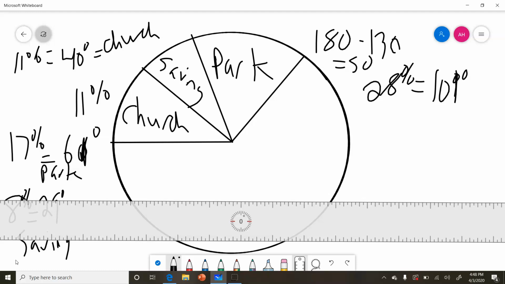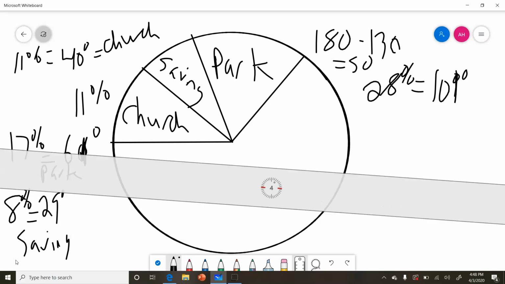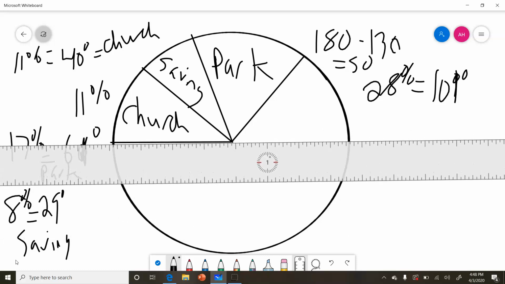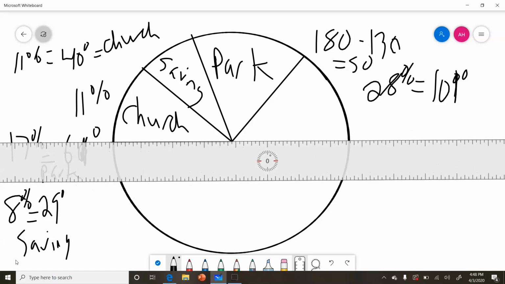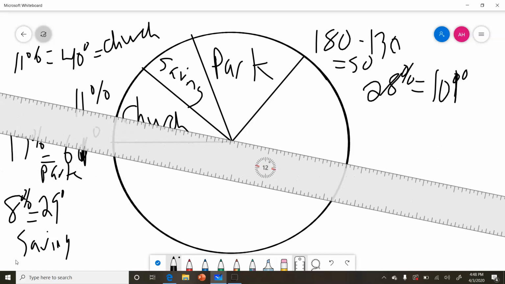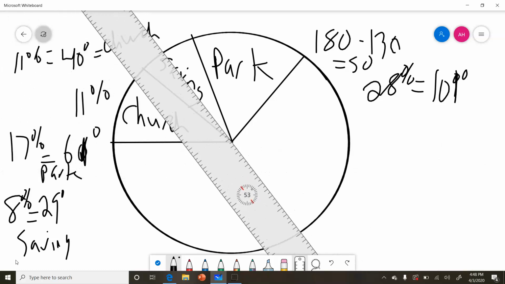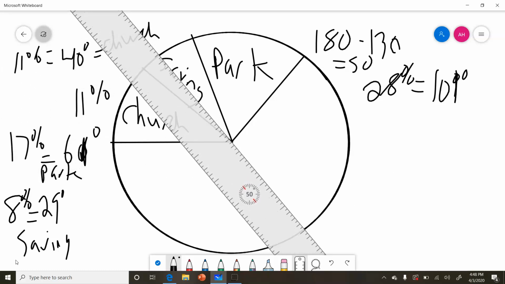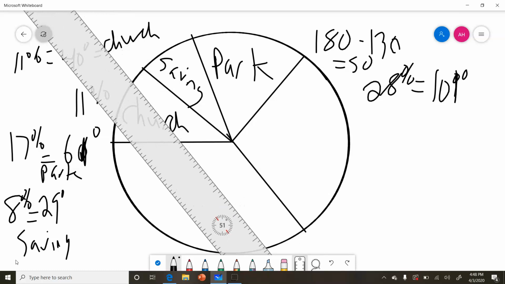Okay, now I have to go 50 to get to the bottom, to get flat, and then I have to go another 51, so I got to go all the way to 51 degrees. Draw this line, and this guy down here is now, what stood for 50 was the gun. Okay, so that's the 28%, the gun.